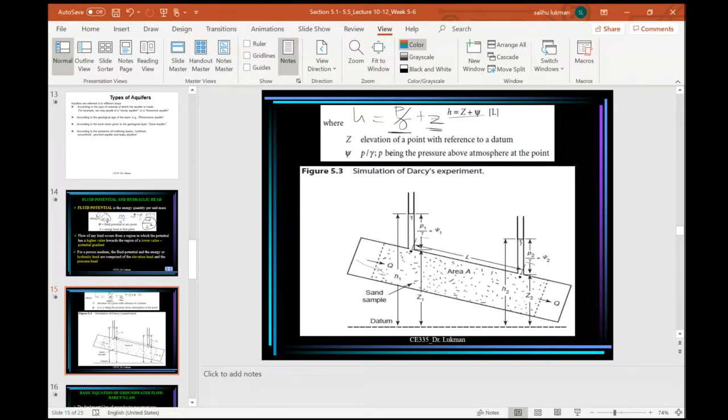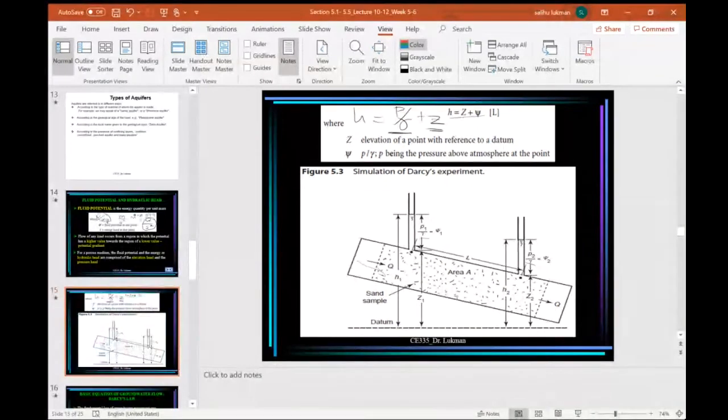So, like I said, Darcy is a 19th century French engineer who experimented with sand filter media, one of the treatment plants. Here you have a tube in which you have sand. Water is flowing through the sand at a rate equal Q, the flow rate. Here you use meters to measure the pressure change at an interval.